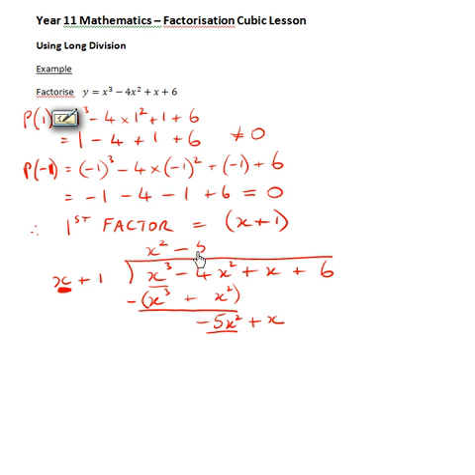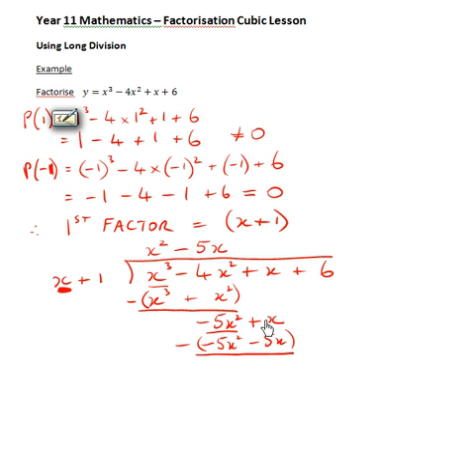Well, it goes minus 5x times. And once again you multiply that negative 5x that we found by x plus 1 and you put the result down the bottom. So you get take 5x squared, take 5x.